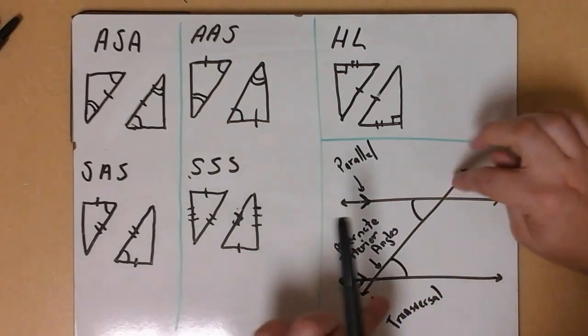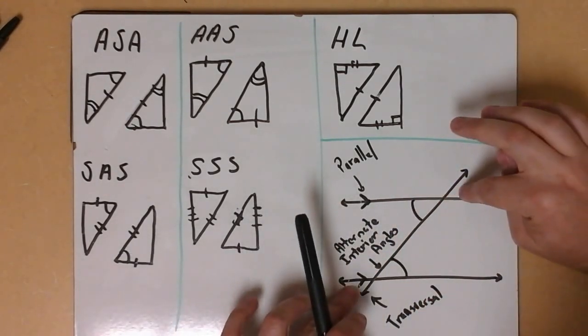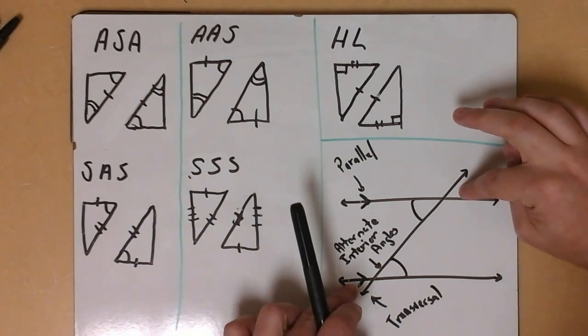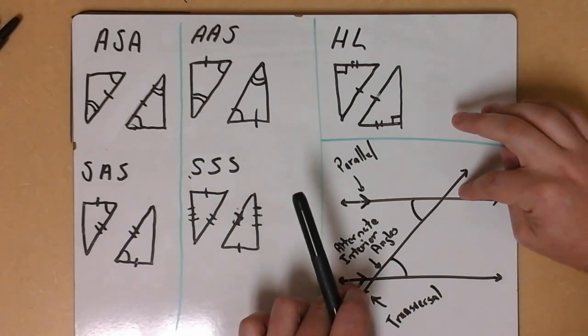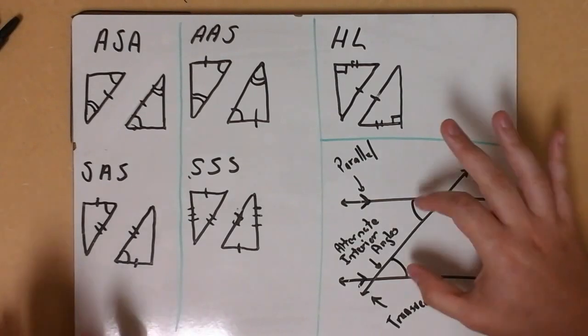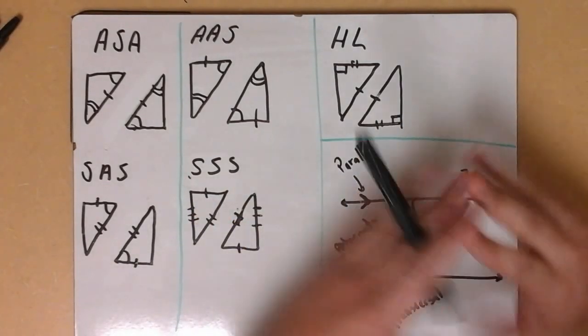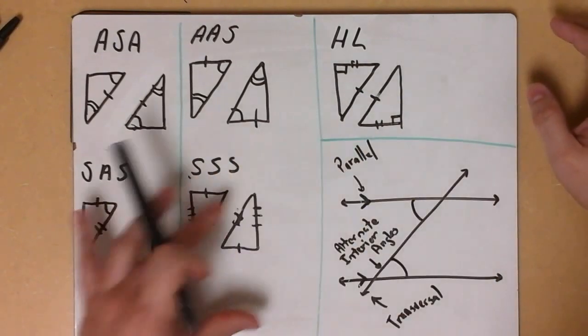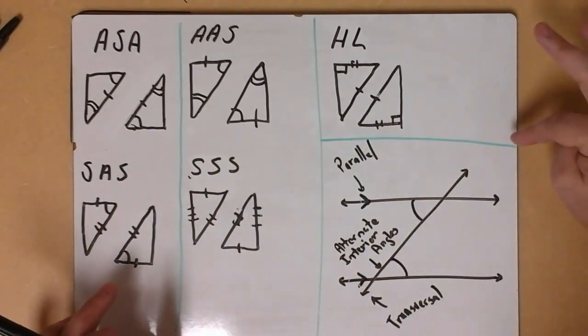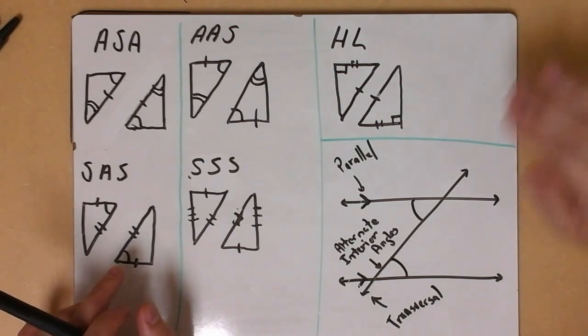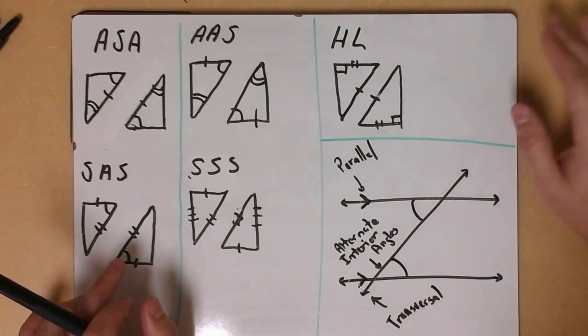In fact, if they were out here, they're on the opposite sides of the transversal and they're outside of the diagram. Not a big deal. I just want you to associate that when we have parallel lines with a transversal, alternate interior angles have to be present. They have to be there.